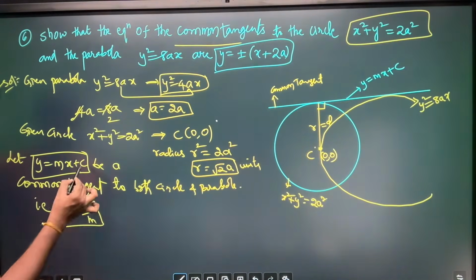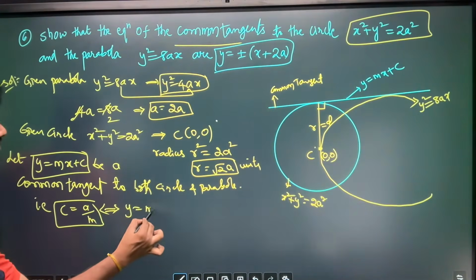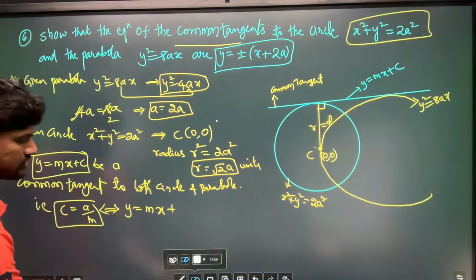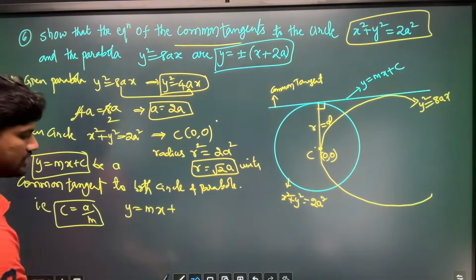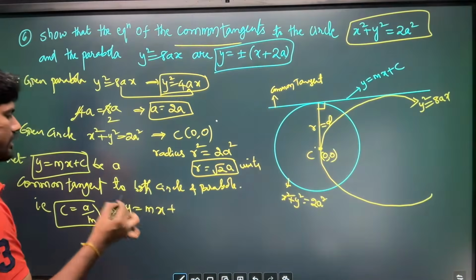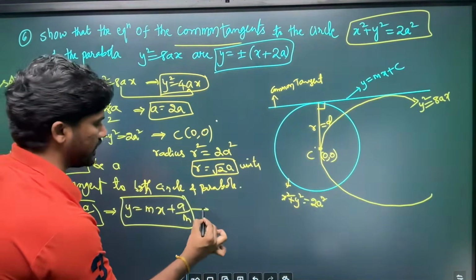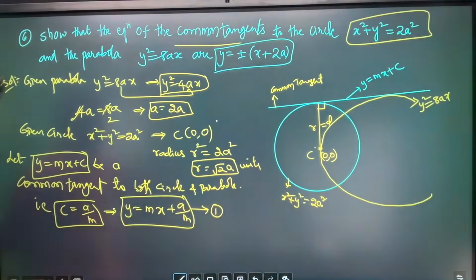So substitute c is equal to a by m in this equation y is equal to mx plus c; in place of c substitute a by m. Take it as equation number 1.